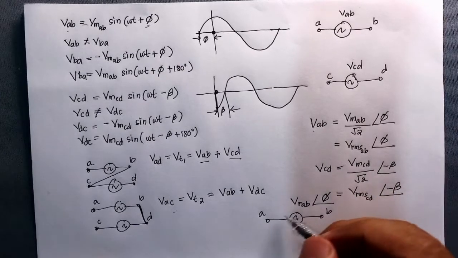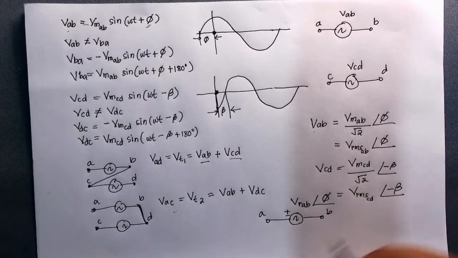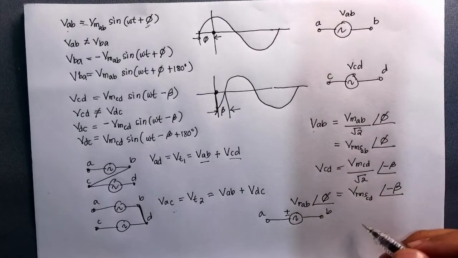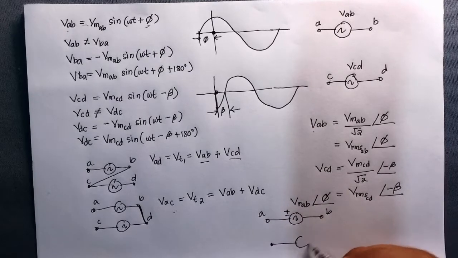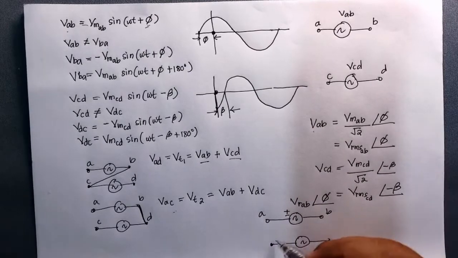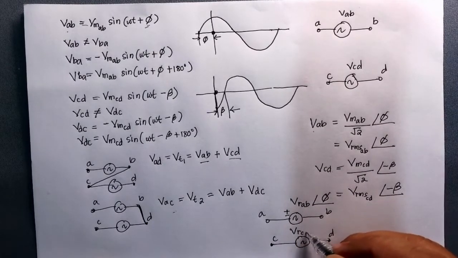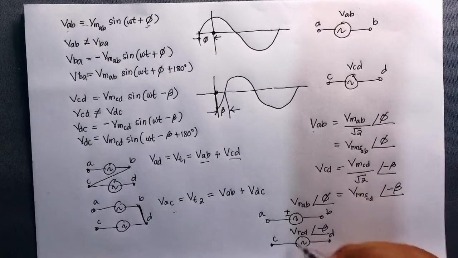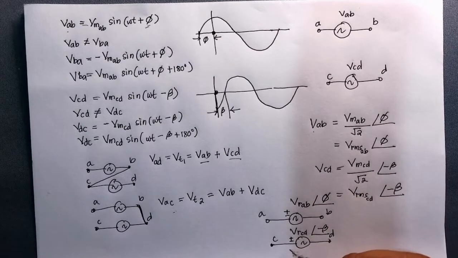Okay, so my polarity is here, positive, negative, and also I can write V sub CD. Okay, like this one. This is CD and this is V RMS CD, angle of negative beta. Okay, this is where my polarity is placed.